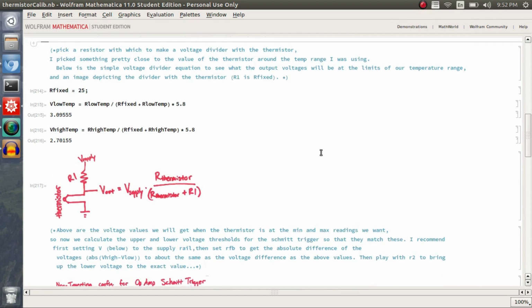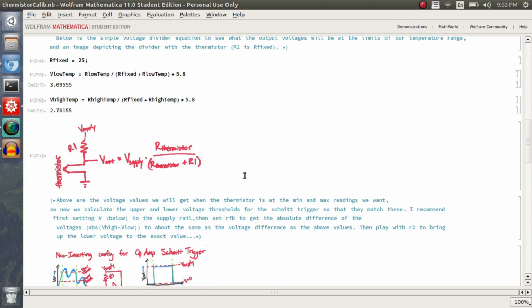Okay, and so now it's the process of building the actual circuit. So here we go. We are going to first make a divider with this thermistor. So I put the thermistor on the low end of the voltage divider. And if you haven't seen this before, this is just a simple calculation for the output voltage as a function of the input voltage supply value and two resistances, one being the variable thermistor resistance.